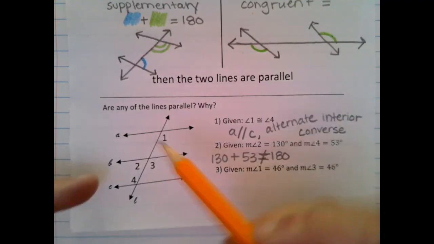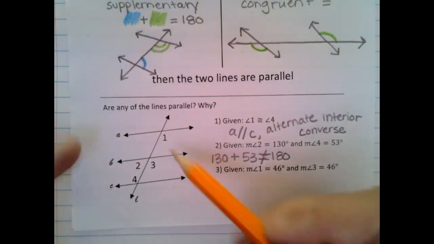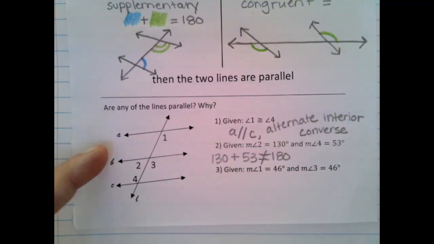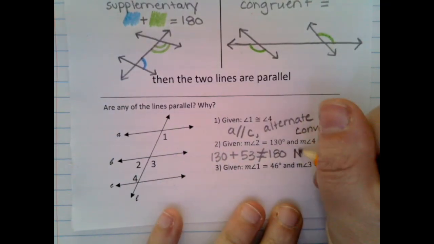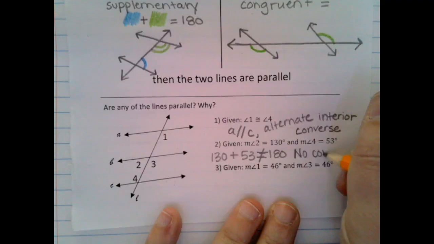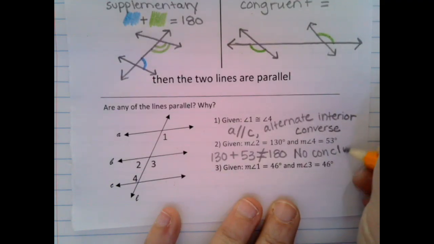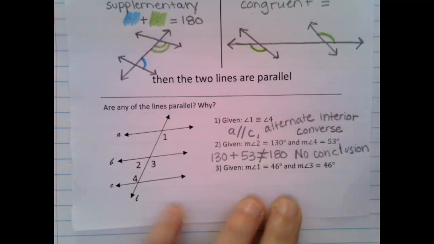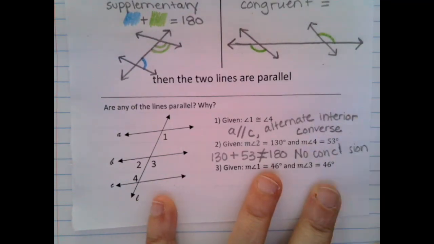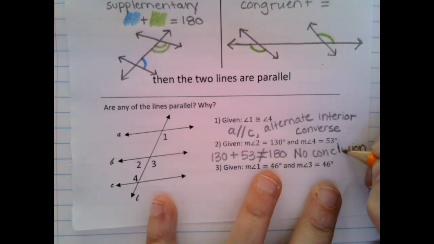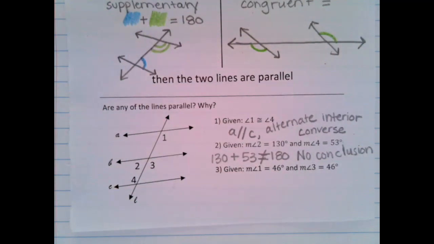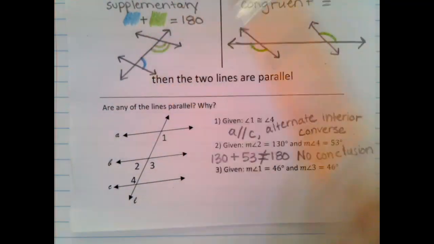I know for certain B and C are not parallel, but I don't know anything about A in number 2. So I'm going to just write no conclusion. I'm going to write it really sloppy. Okay, it didn't work. It was not one of those 4, so it's no conclusion.